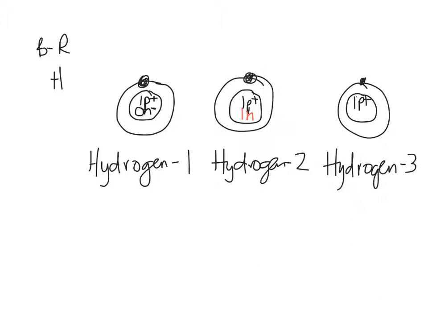Jack? 2. 3 minus 1 proton gives you 2 neutrons. So these are isotopes of hydrogen. They are the same elements, they have the same number of protons. What differs is their mass because they have a different number of neutrons.